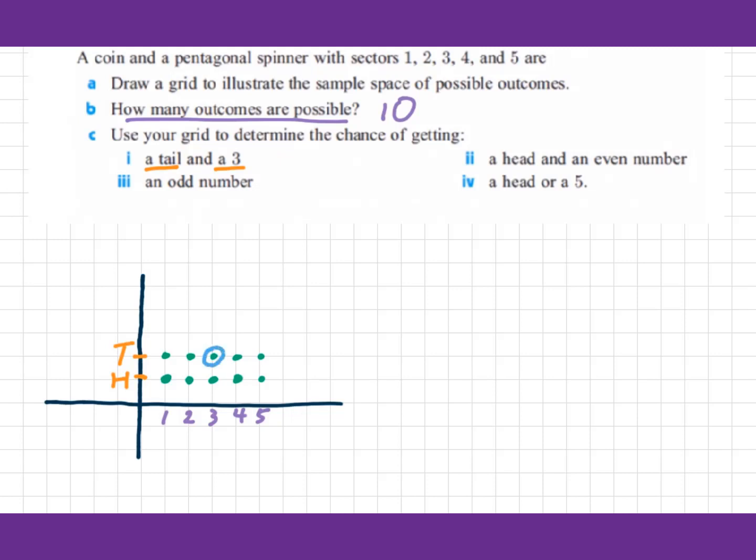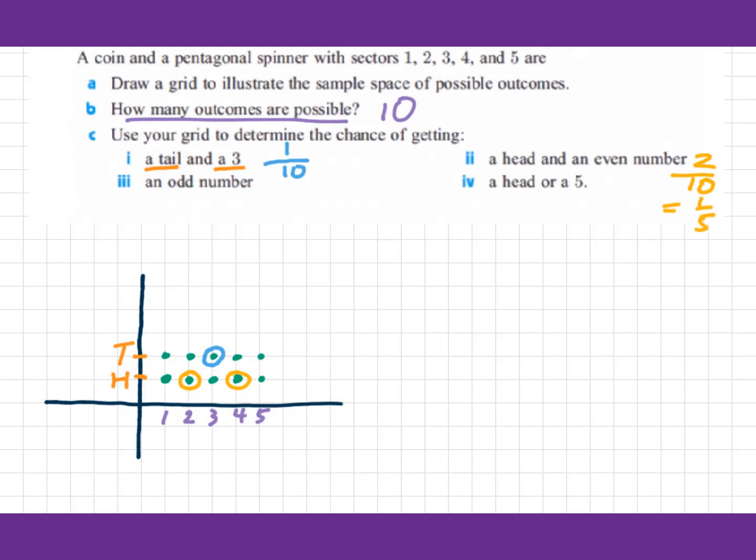That means this point. So you have 1 over 10. For second one, a head and an even number. Head and an even number, 1, 2. Therefore, you have 2 over 10. That is 1 over 5.